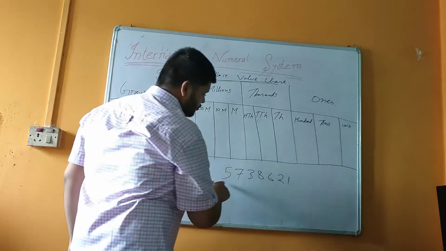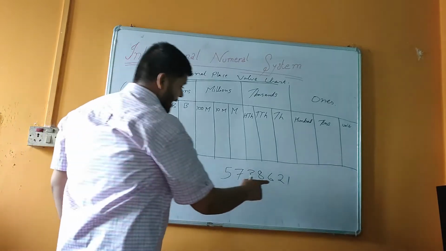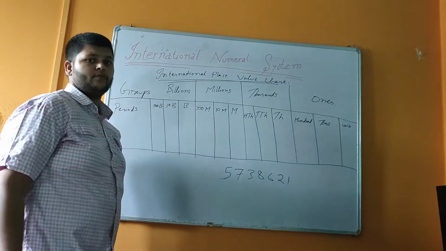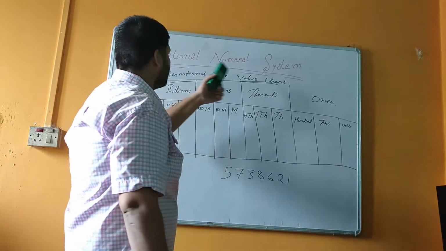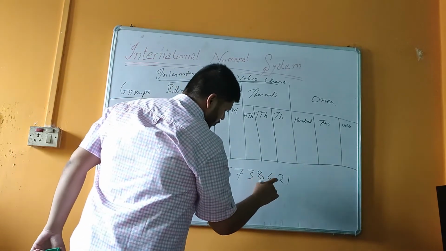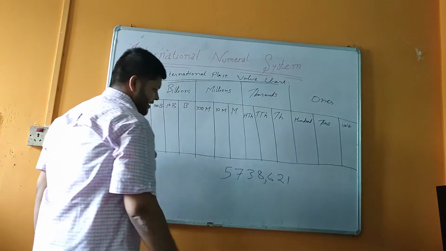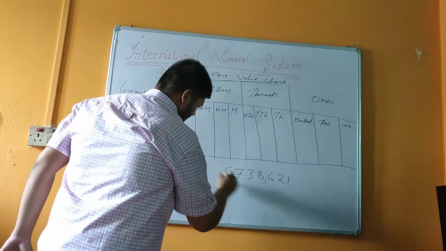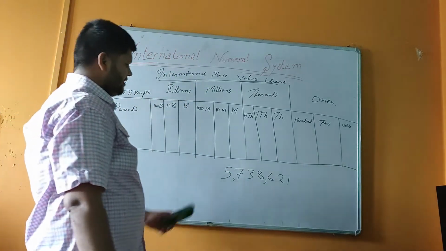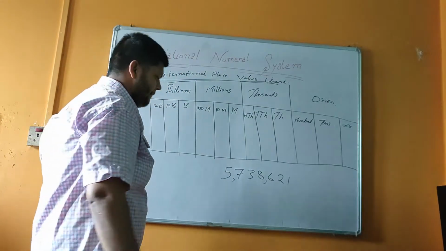First of all, this is a Hindu-Arabic numeral, and you have to transform it into the international numeral system. This can be done by the separation of commas. That is, every time 3 digits will be separated by a comma. That means this number has been transformed into the international numeral system.